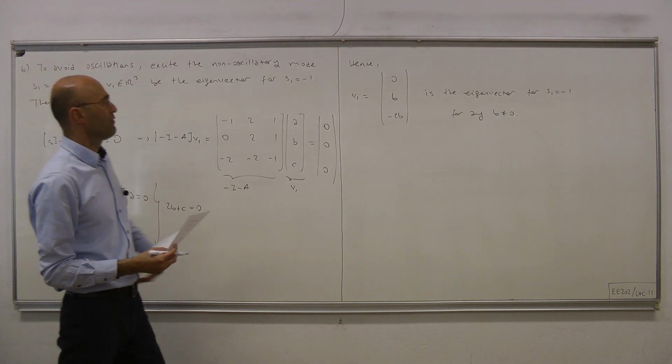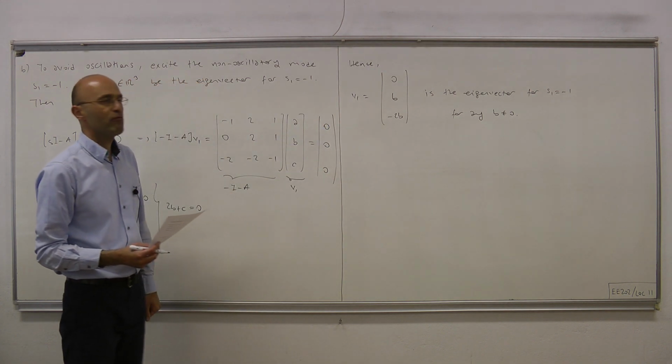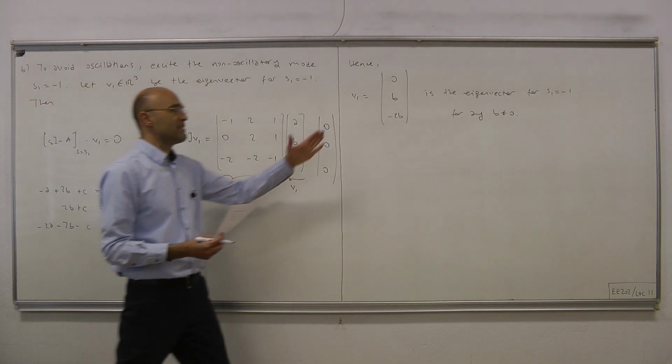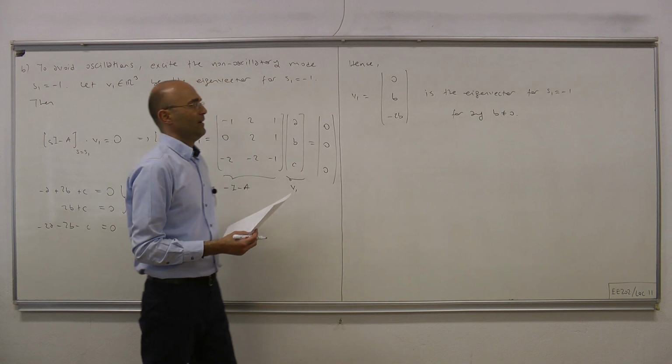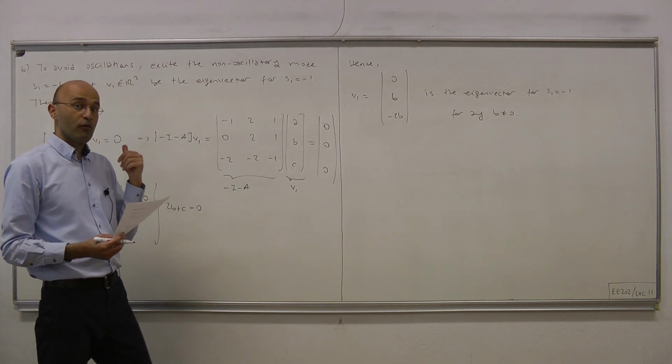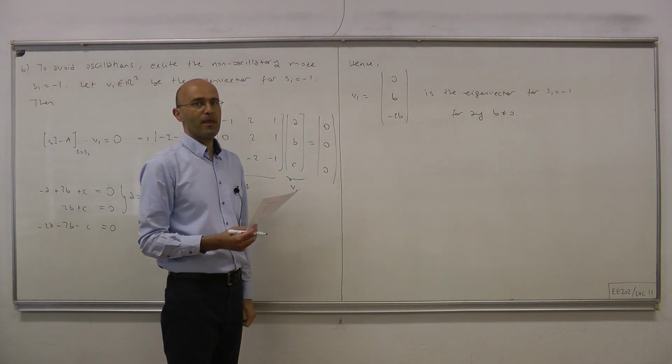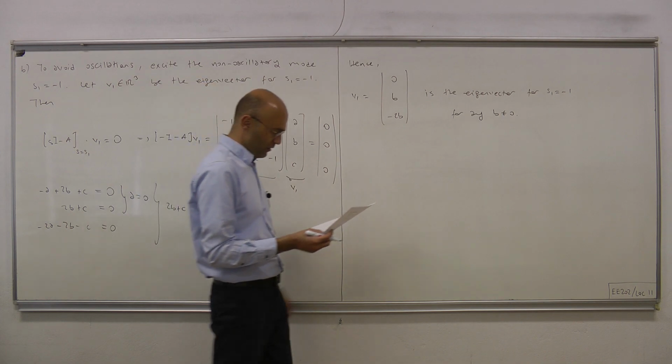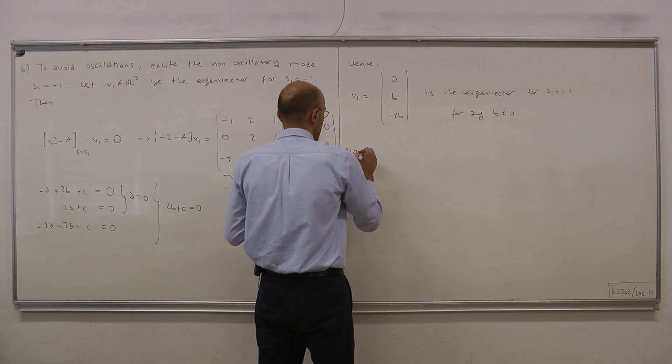Now we have figured out the form of the eigenvector, or the one-dimensional subspace of R3 where our eigenvector must belong to.